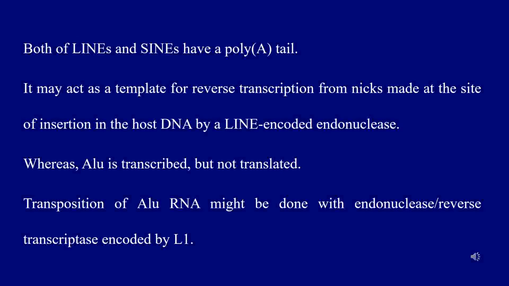But one difference is in case of Alu sequence, which is transcribed but not translated, because the transposition of this Alu RNA might be done with the endonuclease or reverse transcriptase encoded by L1.